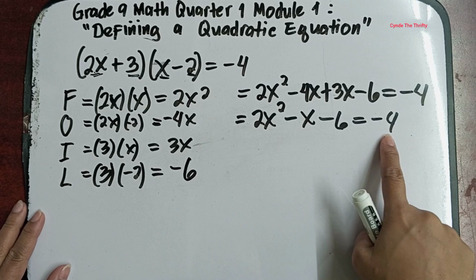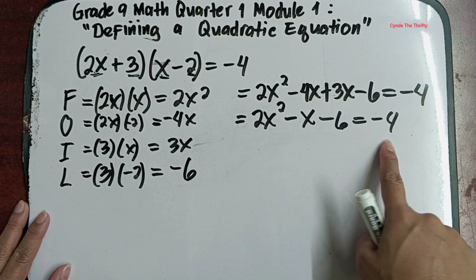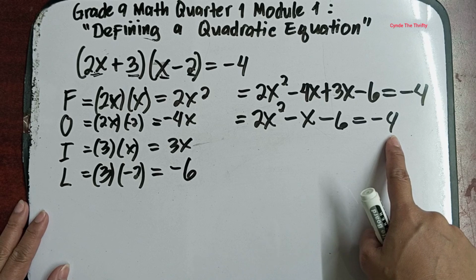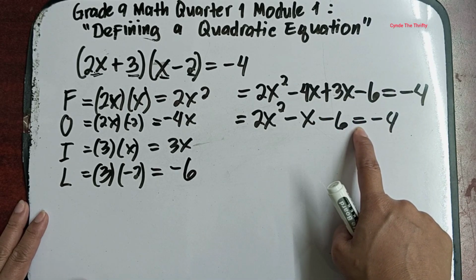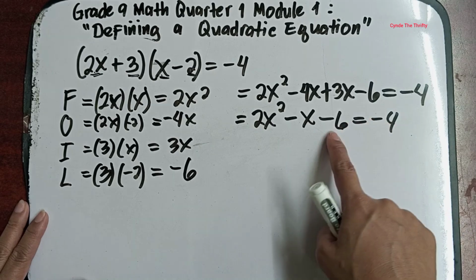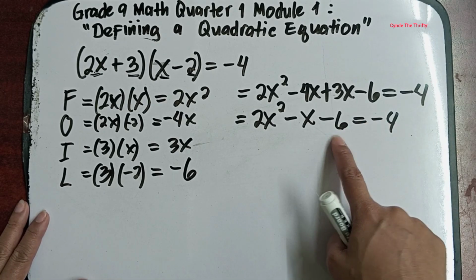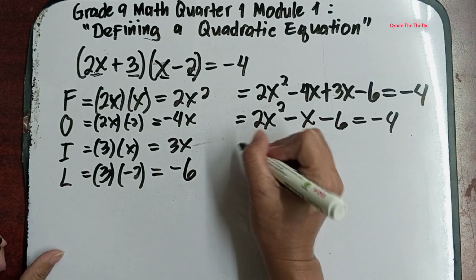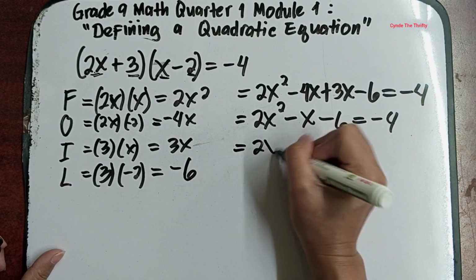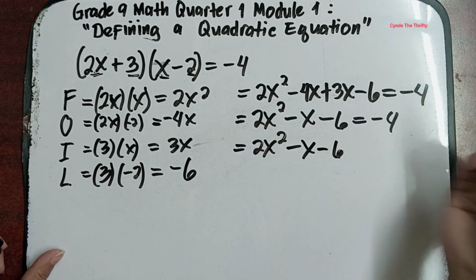So, ngayon naman, ang gagawin natin dahil negative 4 dito, i-equate natin siya into 0. So, ang gagawin natin kay negative 4, ilipat natin siya sa kabila. Okay? So, dumaan siya ng equal sign. Kapag nilipat natin siya, si negative 4 is magiging positive 4. Or, ang tawag natin doon is addition property of equality. So, magiging 2x squared minus x minus 6.